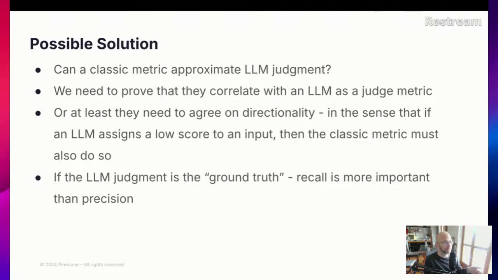They don't need to correlate, but they need to agree on the directionality. So if the classic metric said negative, some low score, and the LLM-as-a-judge said high score, so good, this is not something that we want. We want the metrics to agree on the sign. Both should either say negative or both should say positive, but not the other way around.